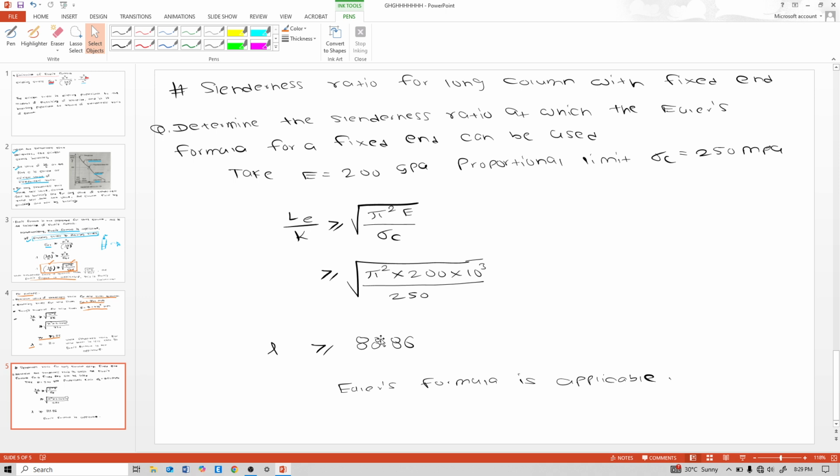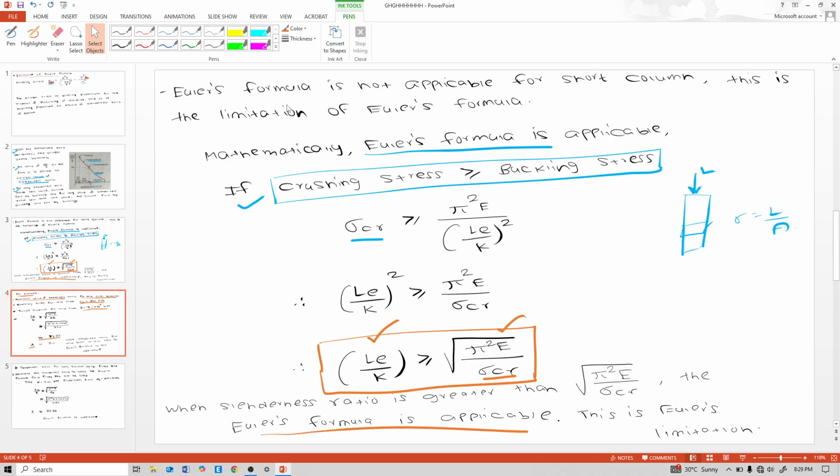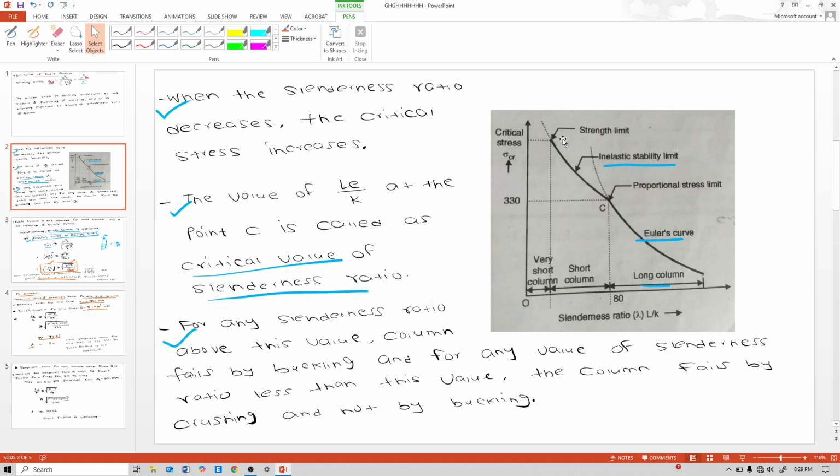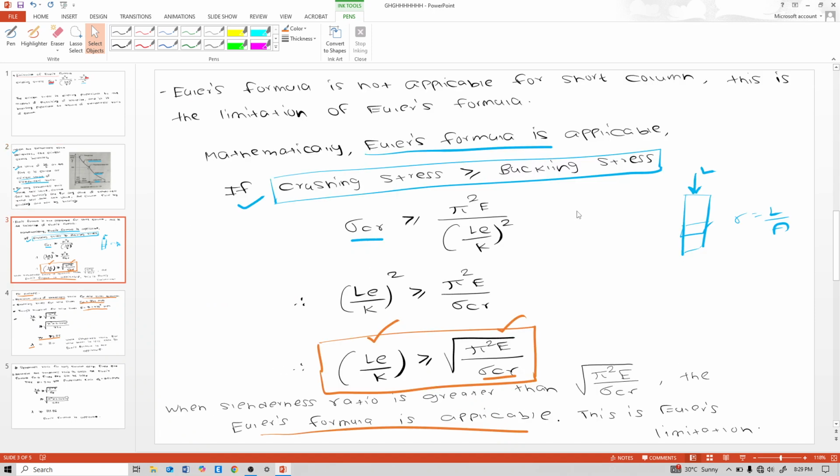So this way those topics are completed. Just go through the topics again. Limitations of Euler's formula: this is the crippling stress equation, pi square E upon lambda square. Again we saw that figure. Again see how this equation comes.